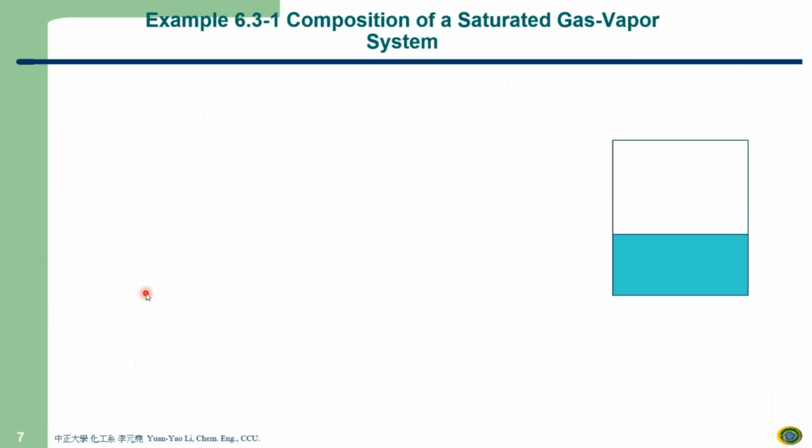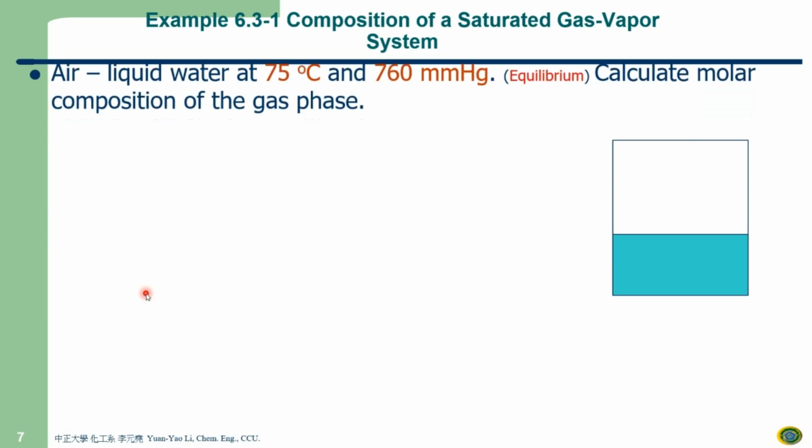Example 6.3-1, composition of the saturated gas-vapor system. I give you a system of air and liquid water at 75 Celsius and 760 millimeters of mercury. I want you to calculate the molar composition of the gas phase.